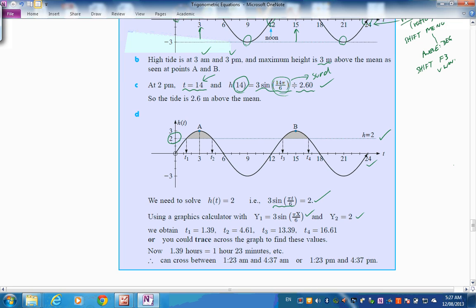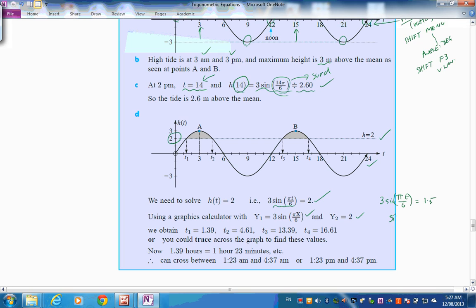We have to watch it though in the paper. If they asked us, for example, something like 3 sine pi t on 6, and that was equal to, what can I have? Something like 6, it wouldn't make much sense in this one, because then, oh no, let's make it, what could we do? 1.5? Let's do 1.5.